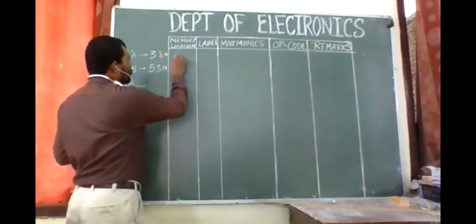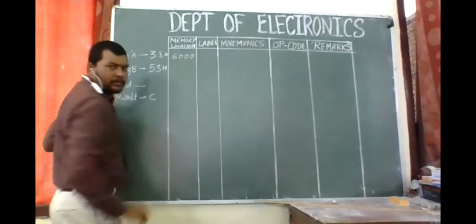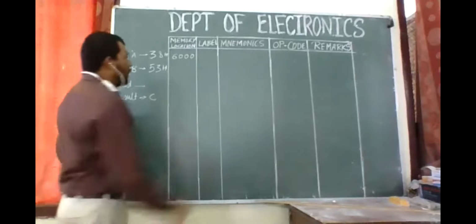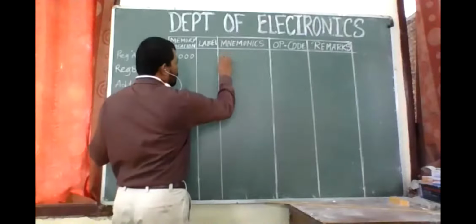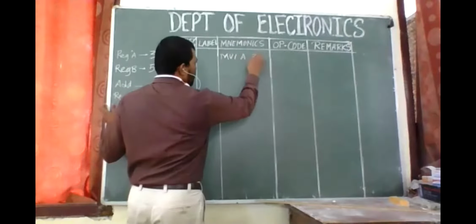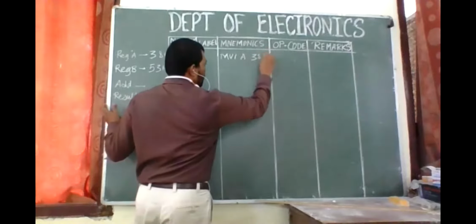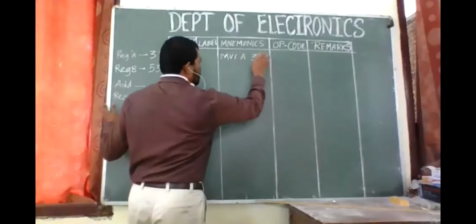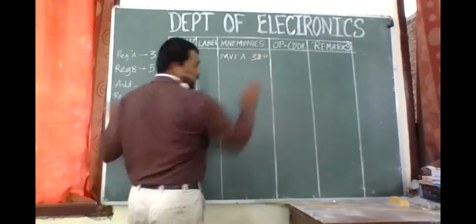Yeah, thank you. So we will start with this. We are starting to write the program from memory location 600, and we will move this data. So MVI A, 38H. I hope it is visible. H stands for hexadecimal.